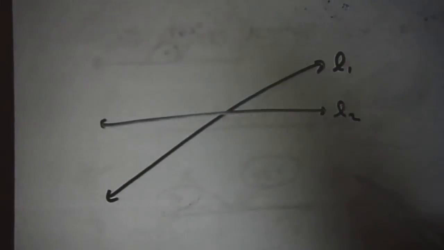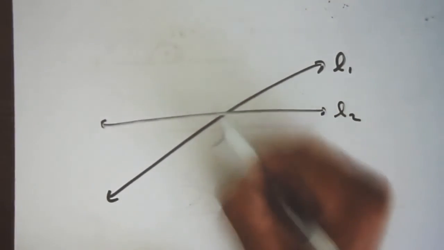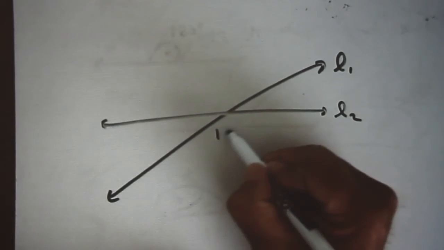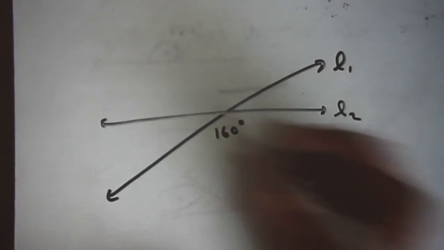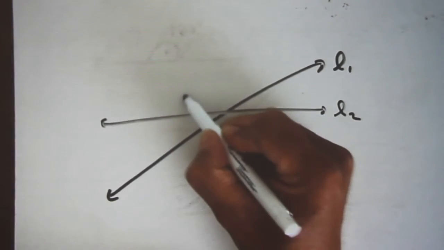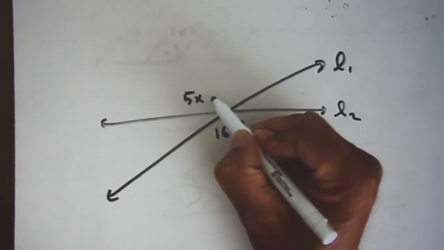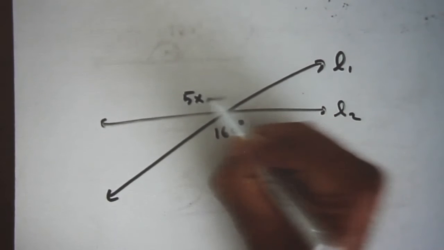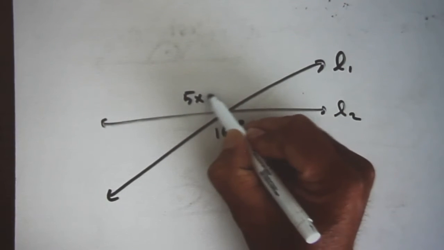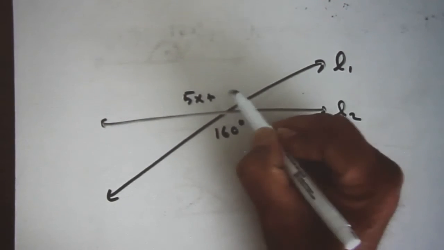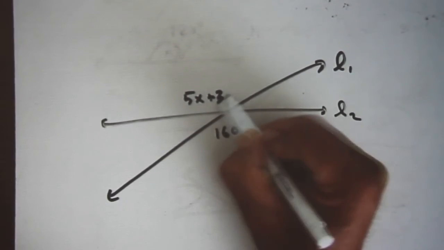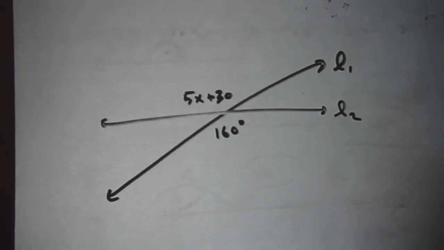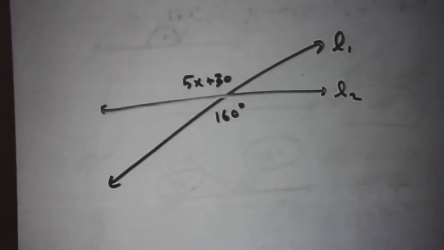They may say that this side here is 160 degrees. This side here is 5x plus 30. And they ask us to solve this for x.